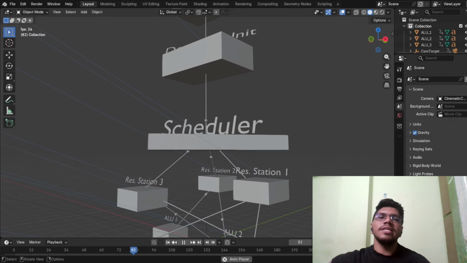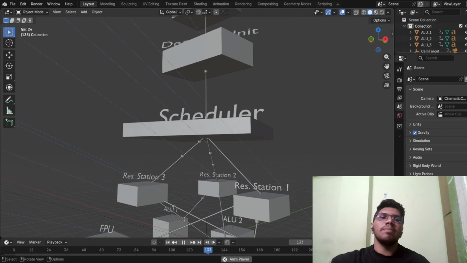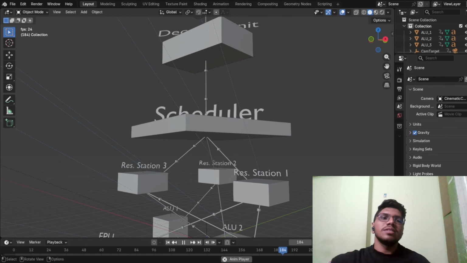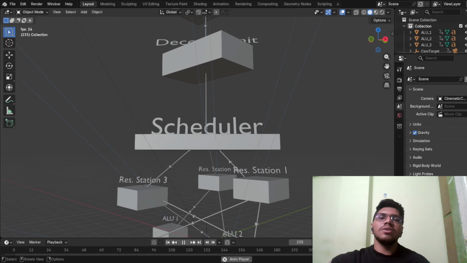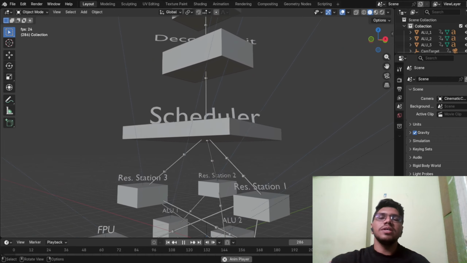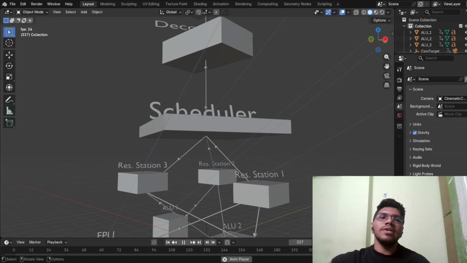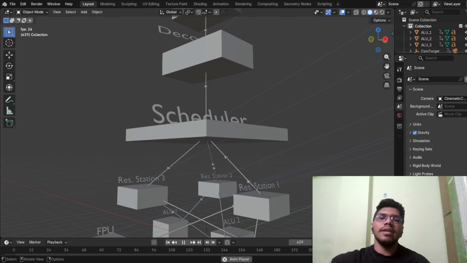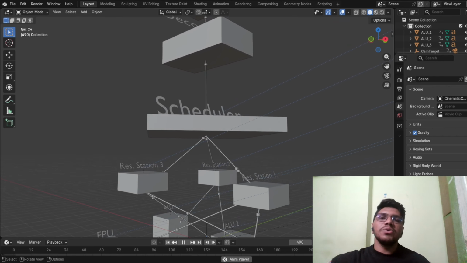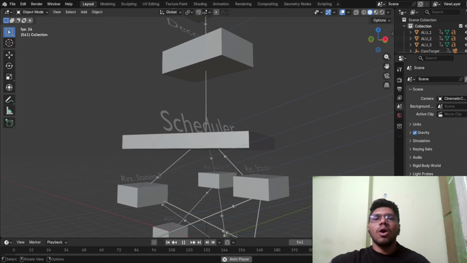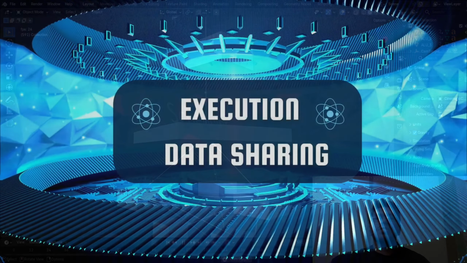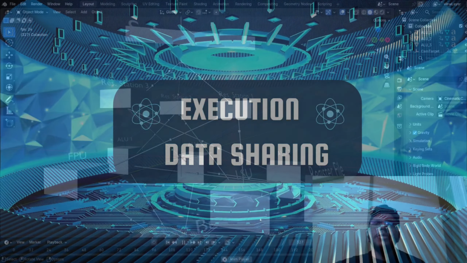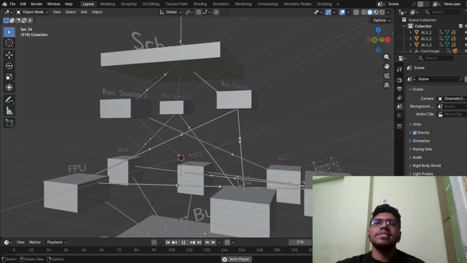As soon as its data dependencies are met, the reservation station fires the instruction off to the execution units. This is where the processor breaks away from strict program order and begins executing instructions out of order to maximize efficiency.